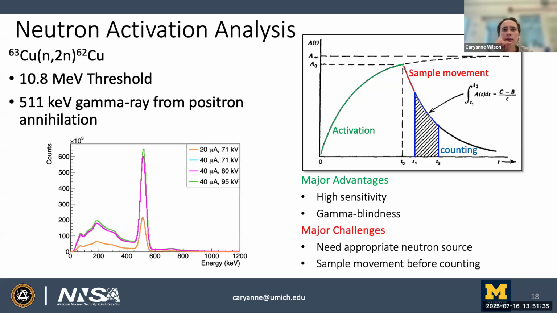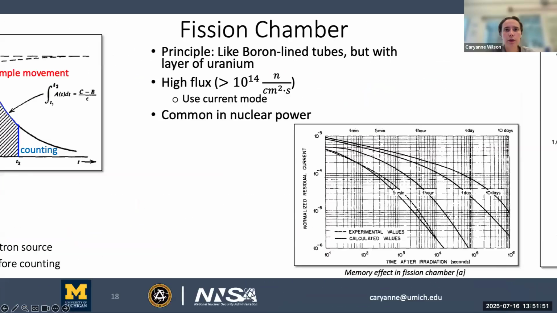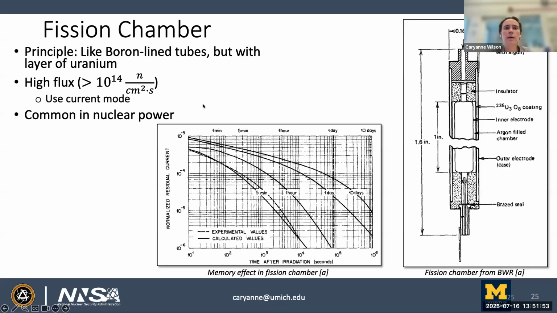Or you can use these fission chambers that rely on the thermal fission of uranium-235. With the fission chamber, the fission products are really high energy, and those are deposited in the detector instead of gamma rays in this gas.